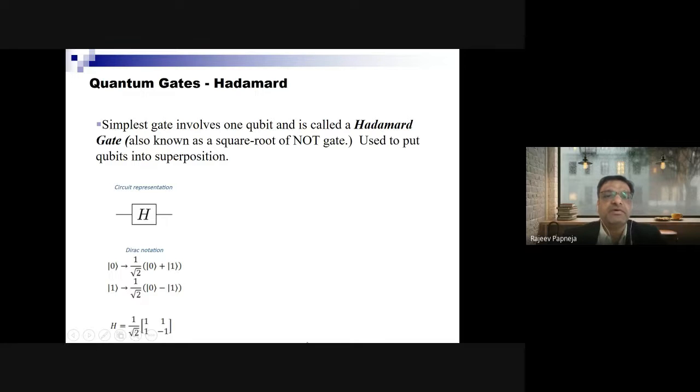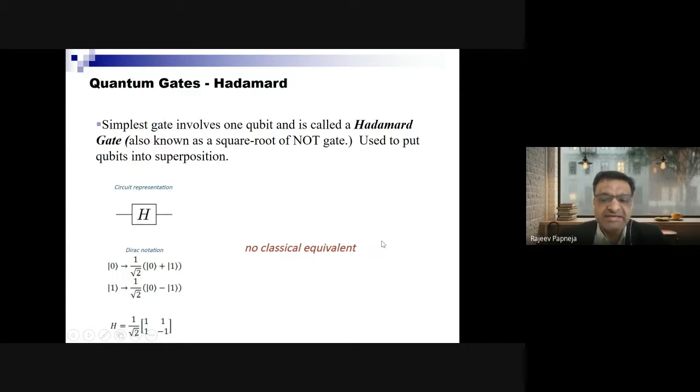And when we talk about the Hadamard gate, it's 1 upon root 2 times the matrix 1, 1, 1, minus 1. That's the notation. Right now, you don't need to go deep and understand how this notation comes. That itself is a very complex formula, and it will require a lot of understanding and knowing about discrete mathematics. But at this point, as far as we are concerned, we should know the notations. We should know how it works.